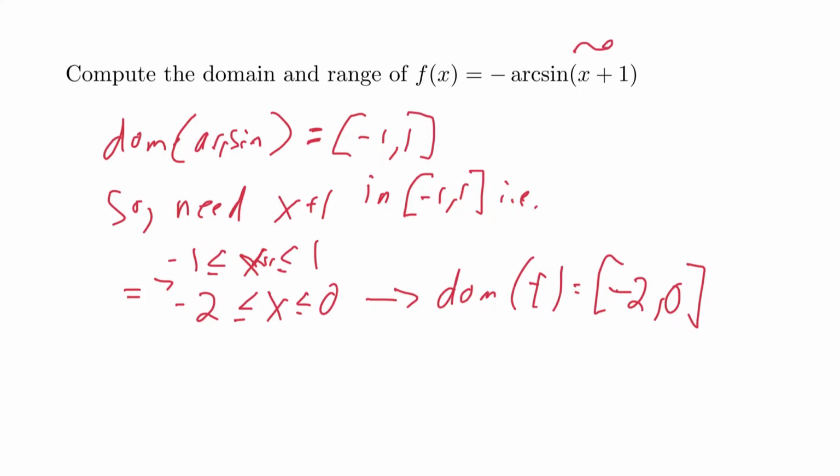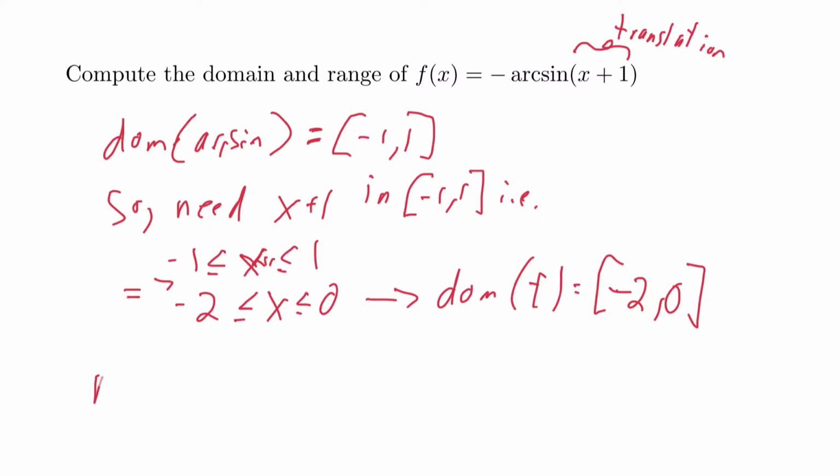So this translation in the argument just shifts my domain over. In a later submodule, we'll specifically discuss this phenomenon, and we'll study how these translations affect the graph of my function. How about the range? Well, what am I doing to f here? I'm putting a minus sign on the outside.